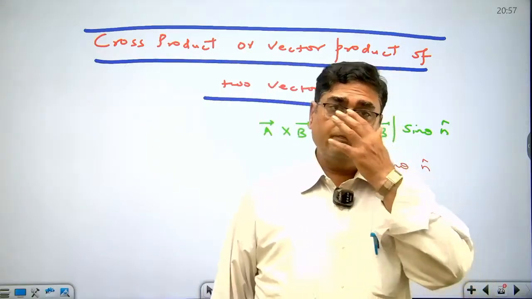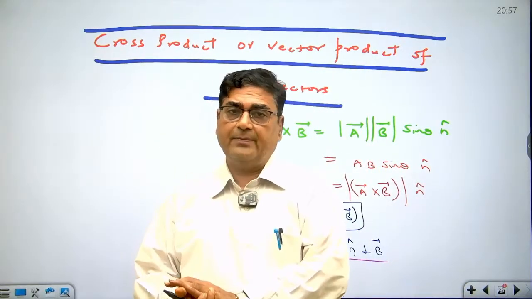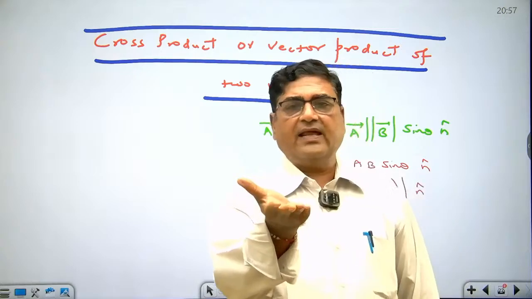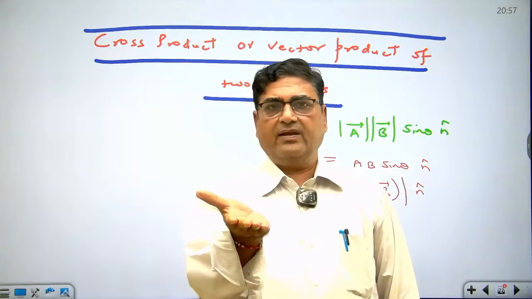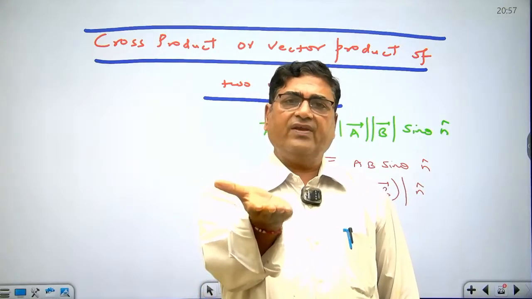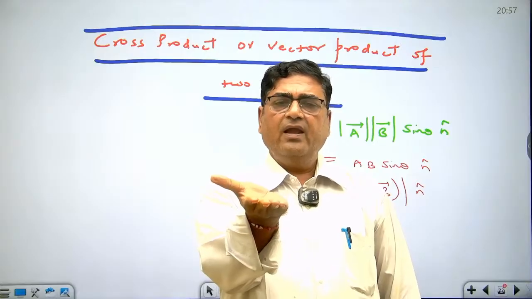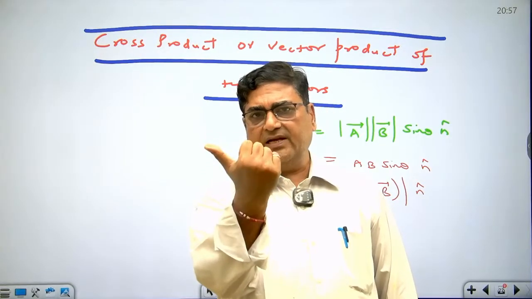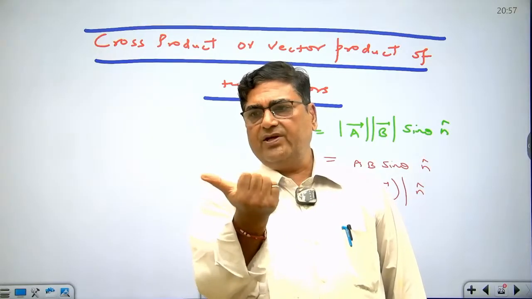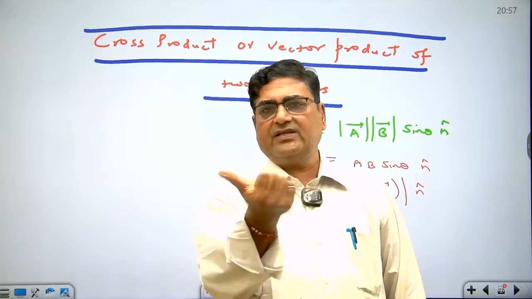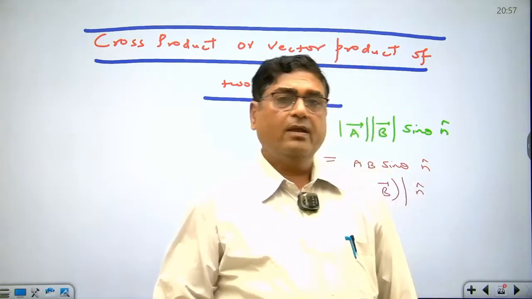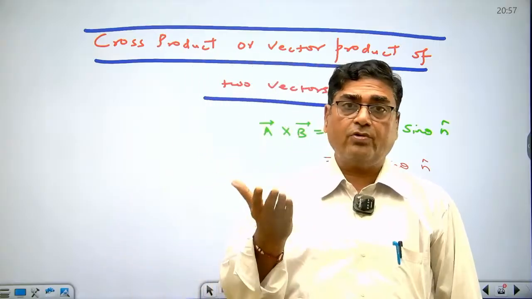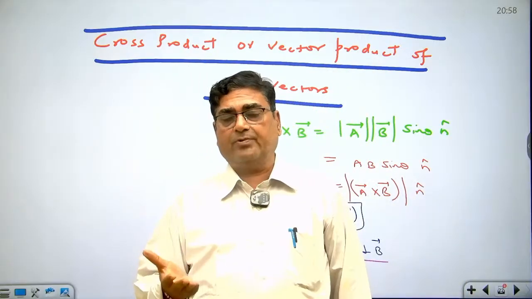Dear student, how can the cross product be represented? The direction of n cap can be given by the right hand rule. Keep the right hand fingers in the direction of vector A and curl them in the direction of vector B. The direction in which the thumb points is the direction of n cap. Okay. Dear student, vector product does not obey the commutative law like scalar product.